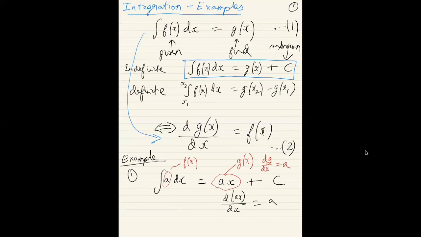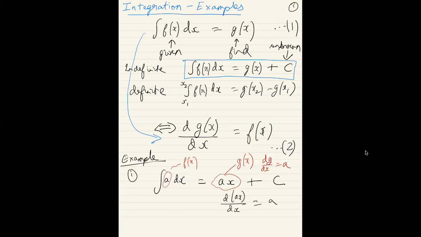Integration seems a bit funky at the beginning because there is no direct way of doing it. Actually, there is. You can use the limit as a sum formula that I showed you last time. Just like for derivatives, a rigorous way of doing it is to calculate the limit as h tends to 0.